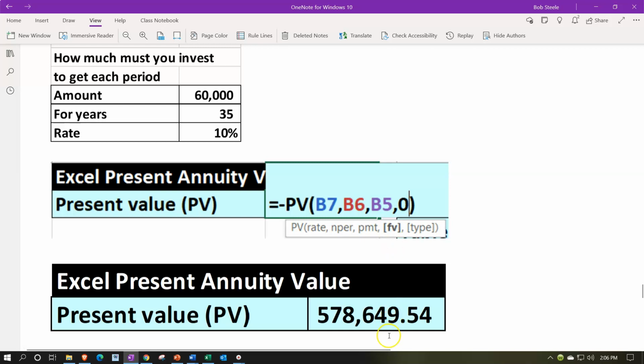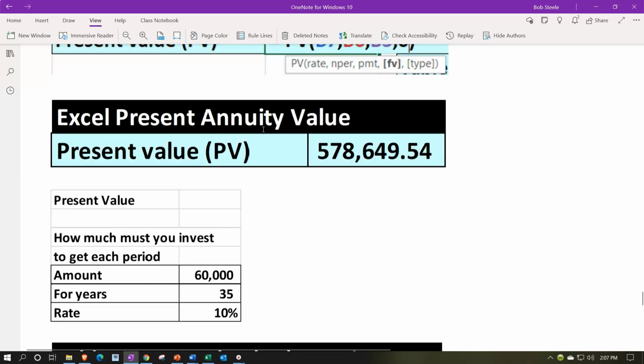That once again gives us 578,649.54, which is the amount we'd have to put in as a lump sum now in order to get the $60,000 a year at the 10% rate for the 35 years.